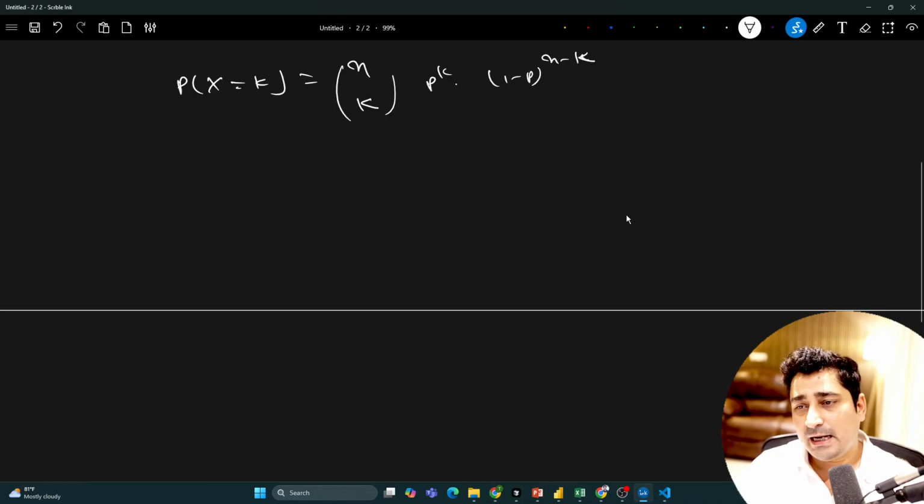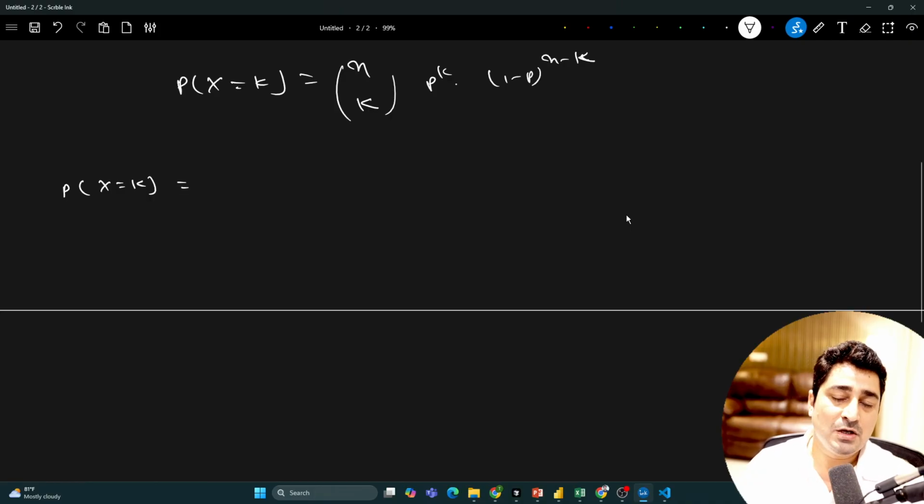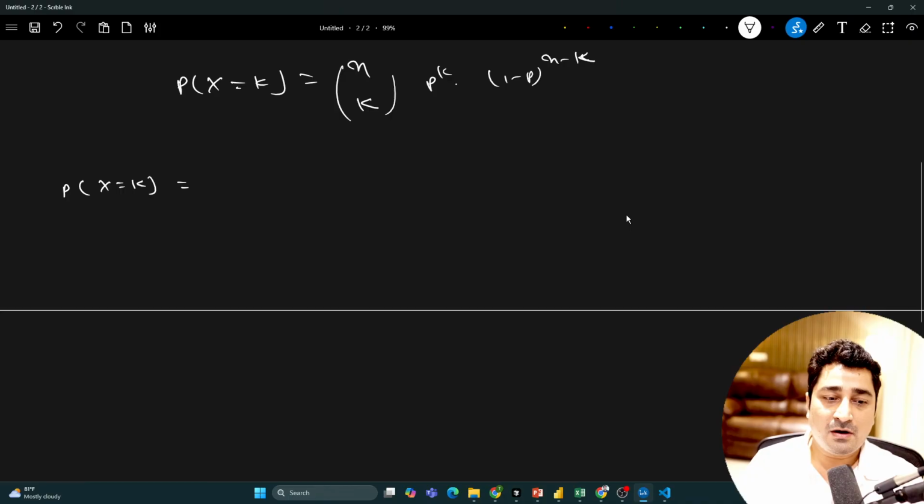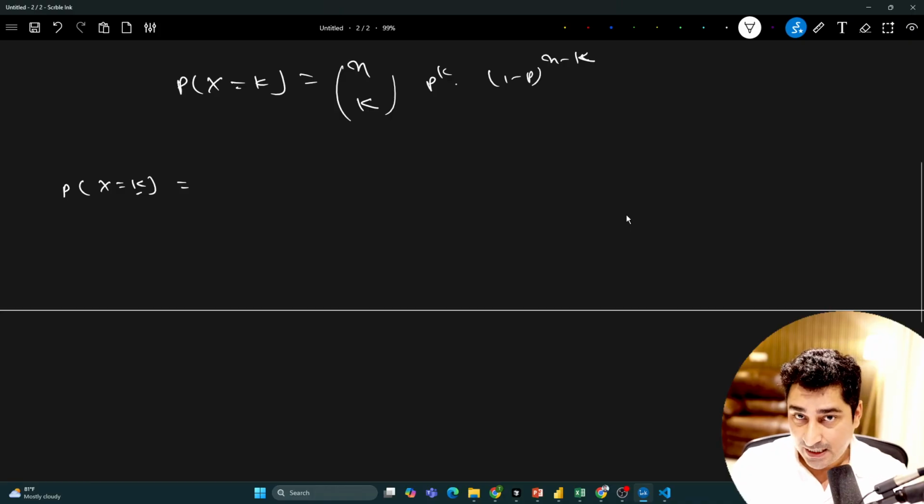When I say probability X = k, what is the meaning of this? It says the probability of exactly k successes in n trials. If someone asks me, if I flip a coin 5 times, what is the probability that I get 3 heads? Here I have flipped 5 times, so n = 5, and 3 times out of that I'm looking for a head, meaning a success.